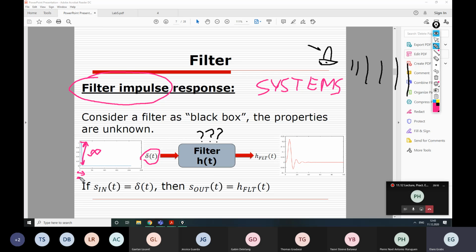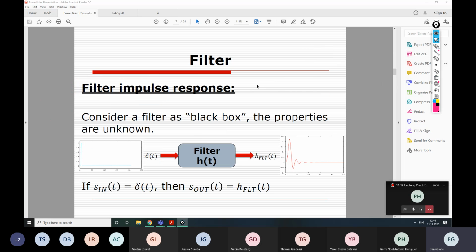So it's close to zero. But basically, in practice, we are going to use some sample with amplitude 1. Right? So we send amplitude 1 and the next values are zeros. That's how we calculate the impulse response for some digital filters or analog filters, for example, right?